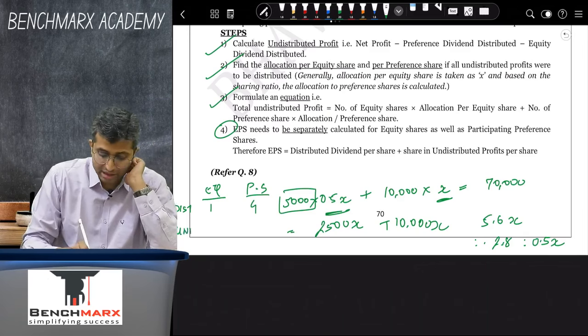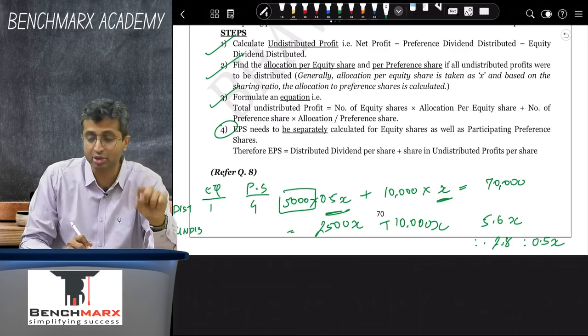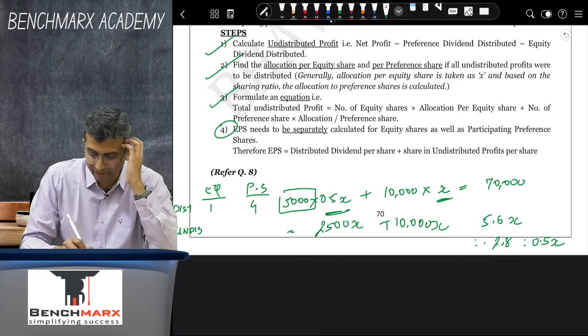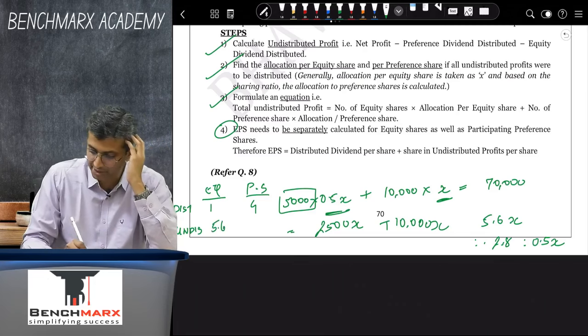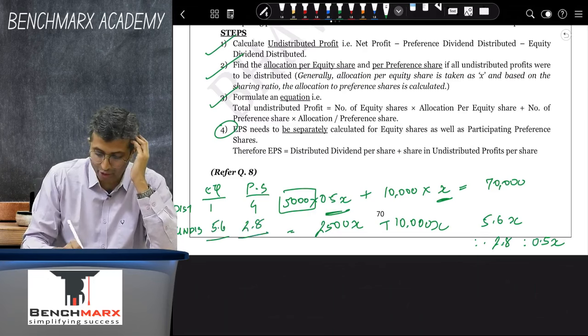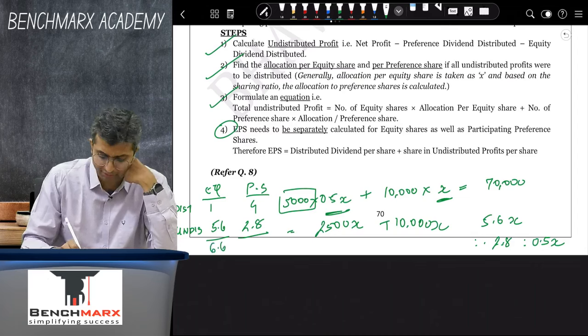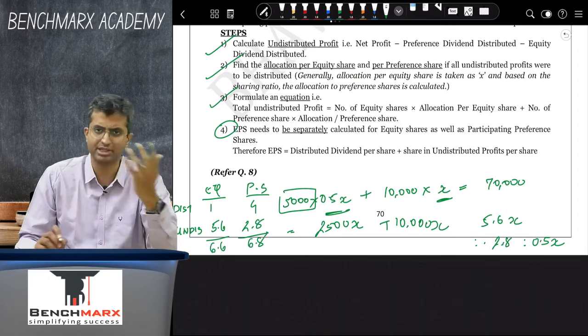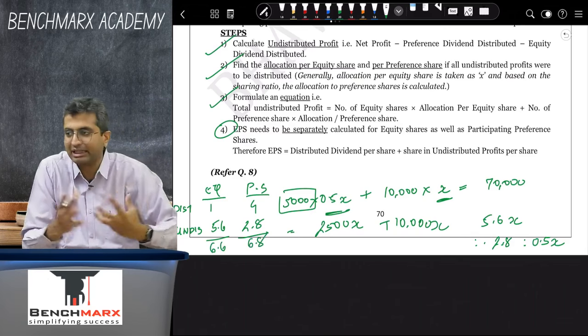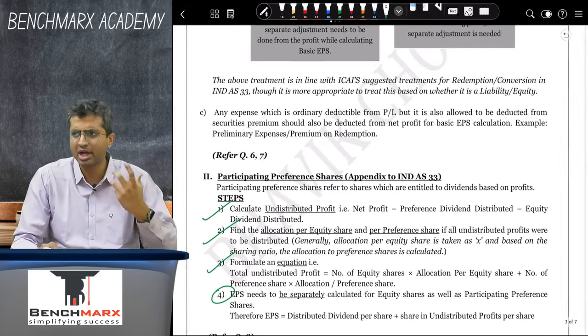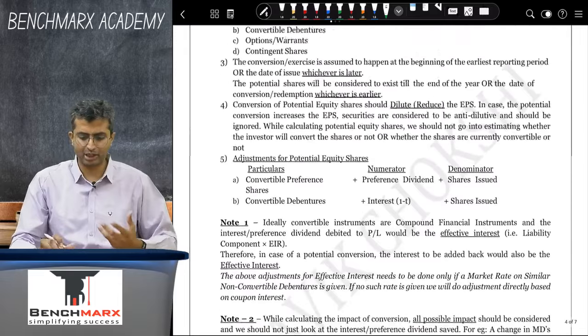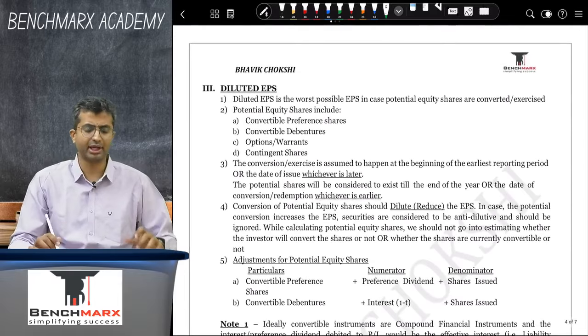And after that, undistributed profit has not been distributed. But if it was, then every equity shareholder will get 5.6 and every preference shareholder, for example, will get 2.8. And as a result, the total earnings from that pool of money will be 6.6 for equity and 6.8, for example, for preference. I've just tried to do it in numbers to the best extent possible, but you should revise sums on this. It will really be helpful.